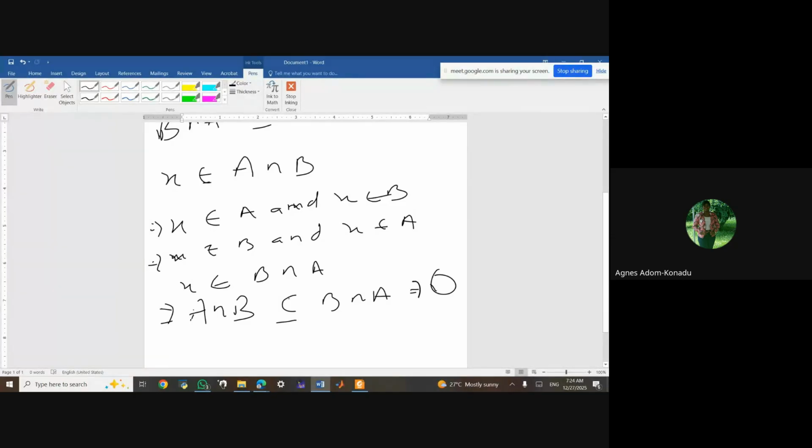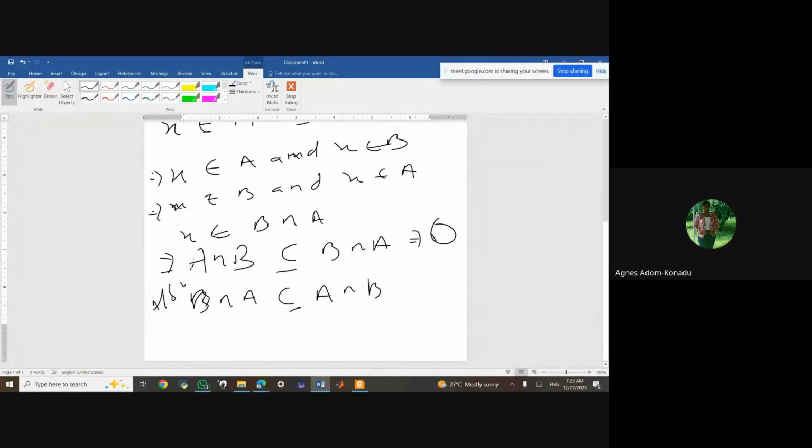So this is the first equation. Then you can look at the second equation, where we want to show that B intersection A is contained in A intersection B. So you can still choose the element X which is in B intersection A. Then you take your time and go through the same steps to conclude that X is in A intersection B. Then you conclude that B intersection A is also contained in A intersection B. Then you call this one equation 2.